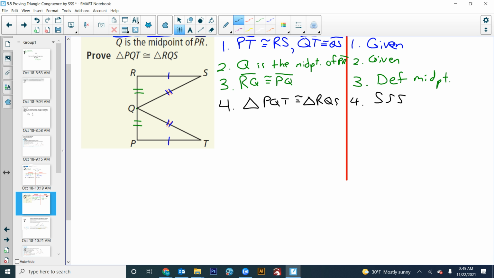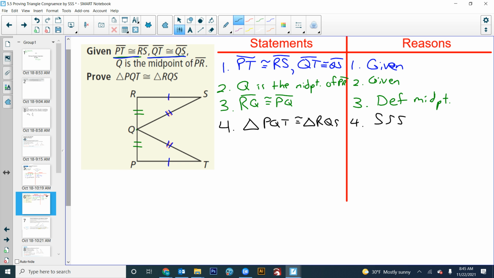All right, now here's what I was going to say. Because this is easy for most of you, what if the proof was changed to prove, let's talk about the Olivia angles. Angle TQP, I'm just making this up by the way, congruent to angle SQR.